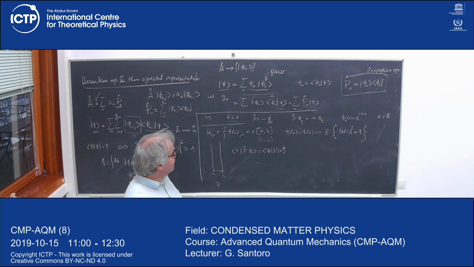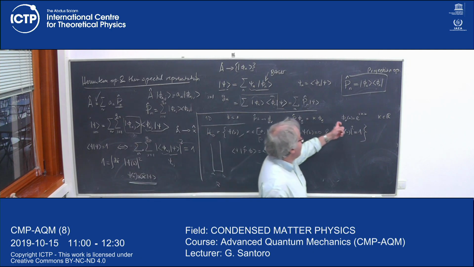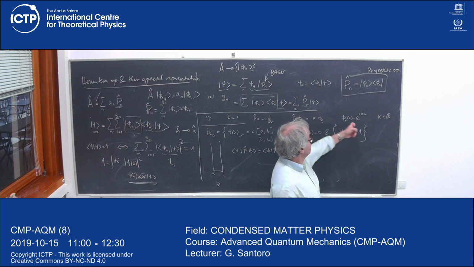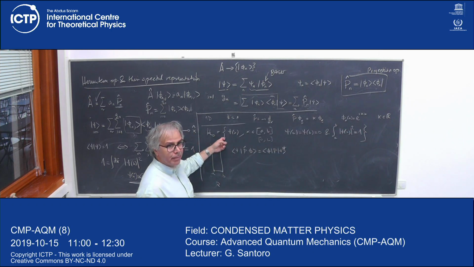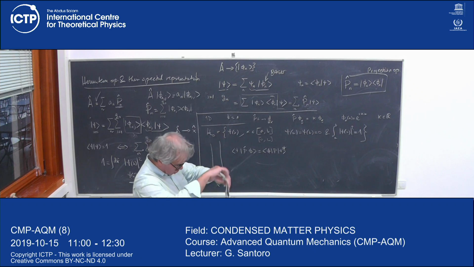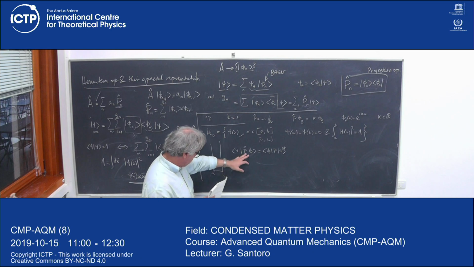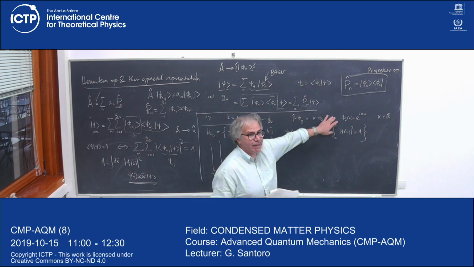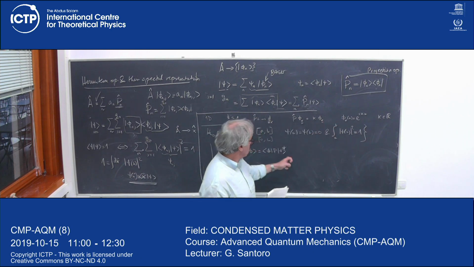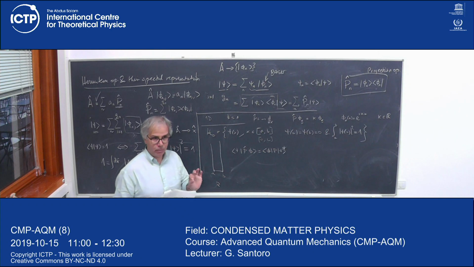Nevertheless, the eigenvectors of P, which are these, do not belong to the space. So you see a clear case of a Hermitian operator. P is Hermitian according to our definition. However, it has a basis of eigenvectors that do not belong to the space that we are considering.